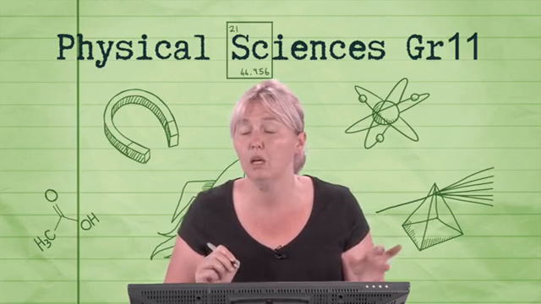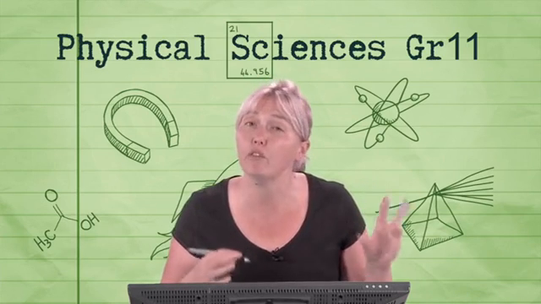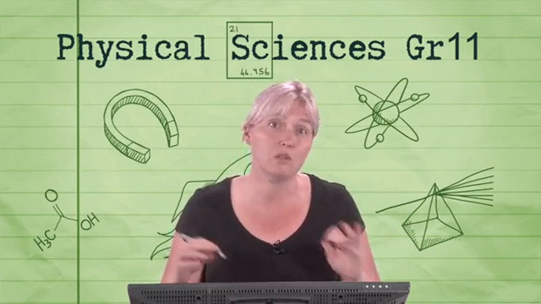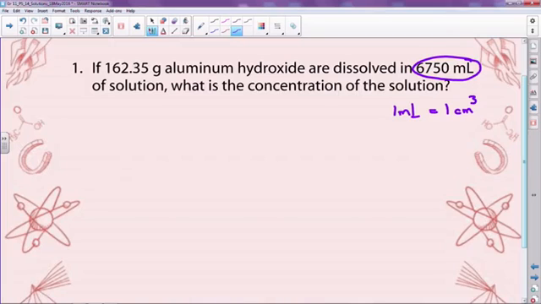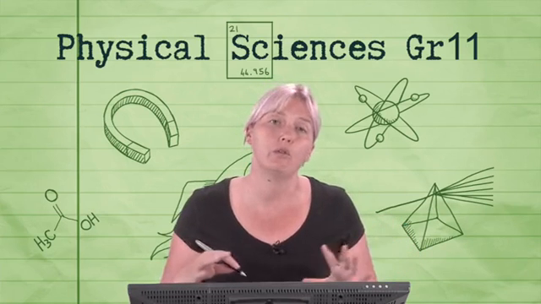Okay, and remember, we've just spoken about how to convert from centimeters cubed to decimeters cubed. So I'm going to write down what I think we're going to be needing. And then from there, when we come back from our ad break, we can then work through this question.